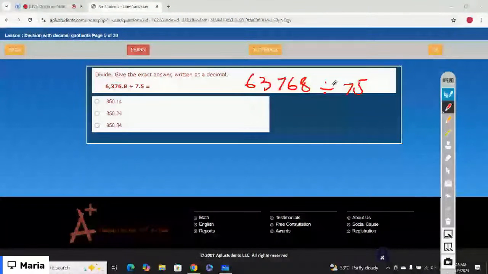That is simply 63,776 divided by 768 divided by 100. So which is the correct option?